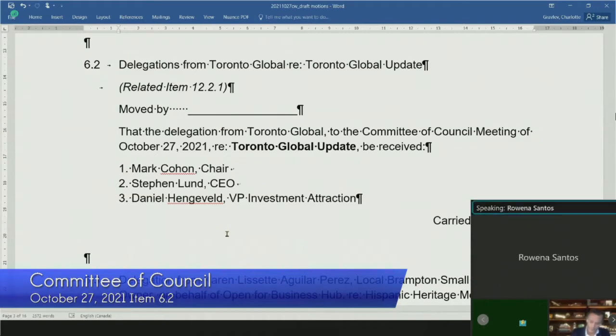Thank you so much. Through you, Chair, thanks for coming in to delegate, and I appreciate there's been some success in the Toronto region, but as you know, we at Brampton had some concerns in terms of what our investment meant for jobs and job creation in Brampton.